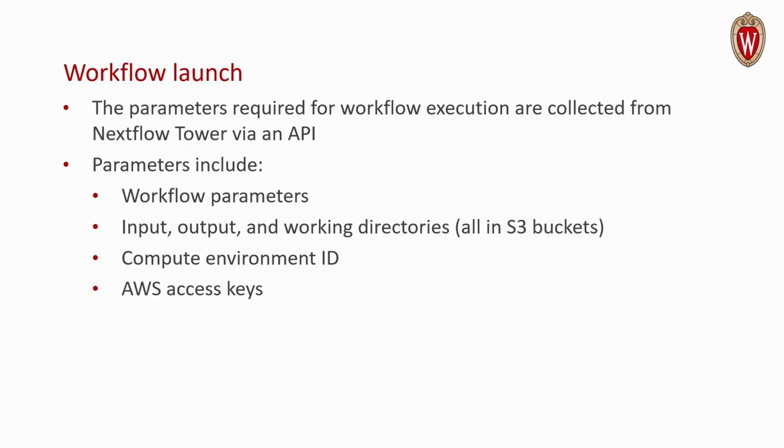If we are performing an analysis, whether automated or manual, with one of our other pipelines, we perform those in our production environment. But if we are testing changes to our pipelines, we do those in the development environment. And of course, AWS access keys, which are credentials that AWS uses that give us access to our computing environments.